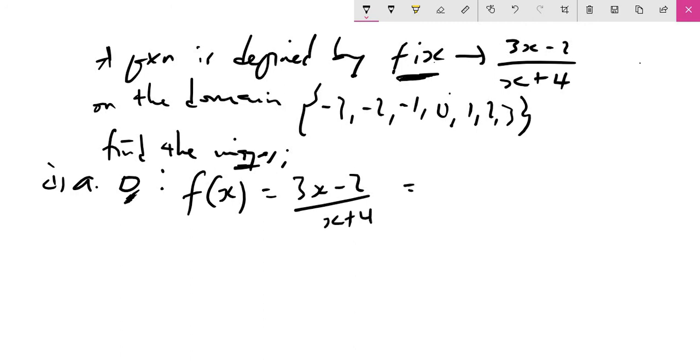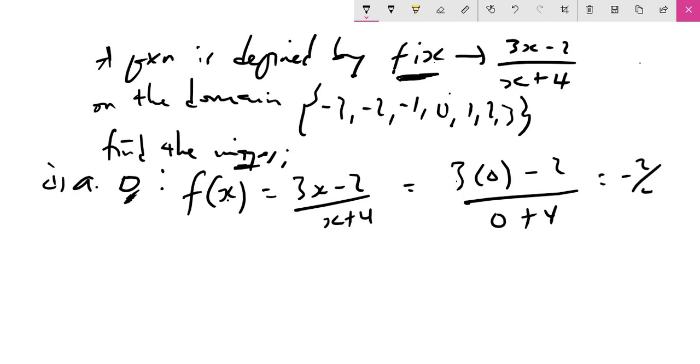So now we substitute 0 as x in this situation. So we have (3 times 0 minus 2) divided by (0 plus 4). So this gives minus 2 divided by 4, and is equal to minus 1 over 2. Let me just do it a little more nicely. So minus 2 over 4, which is equal to minus 1 over 2.